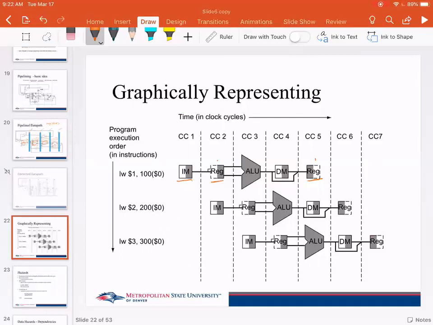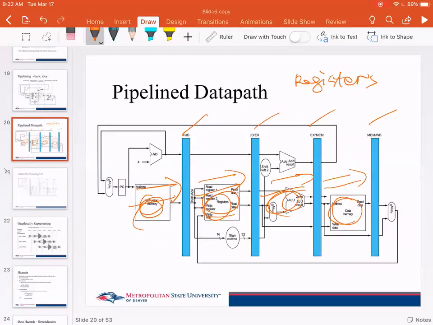So why do we want to put another REG here? Because the last two steps of a load are reading a piece of data from the data memory and then sending it back to the register. To better analyze the pipeline processor, we want to draw the register here again.